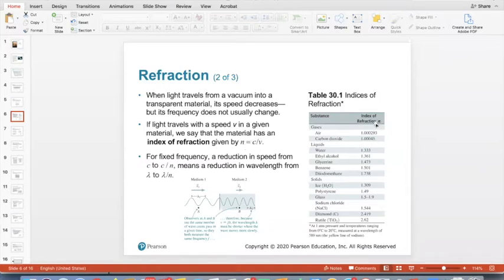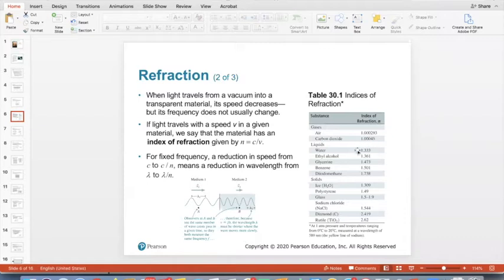So here are some indices of refraction. You don't have to memorize these, of course, but air is almost 1. In fact, in any problem you see, I didn't even build homework for this because you'll have like one question on the final about it. But if you see light going from air into glass or air into water, air is so close to 1 that we just say 1 for air.